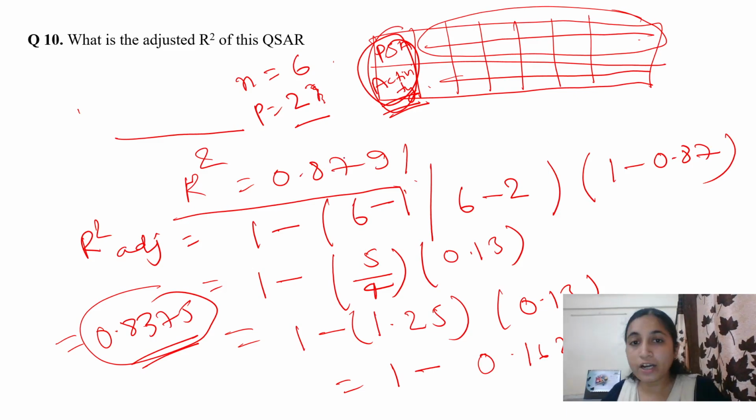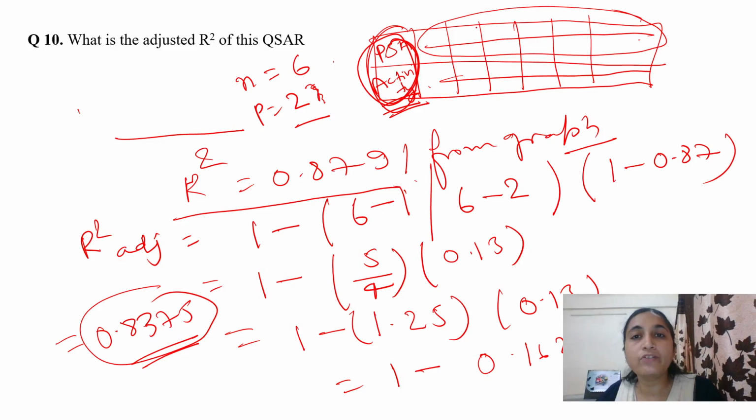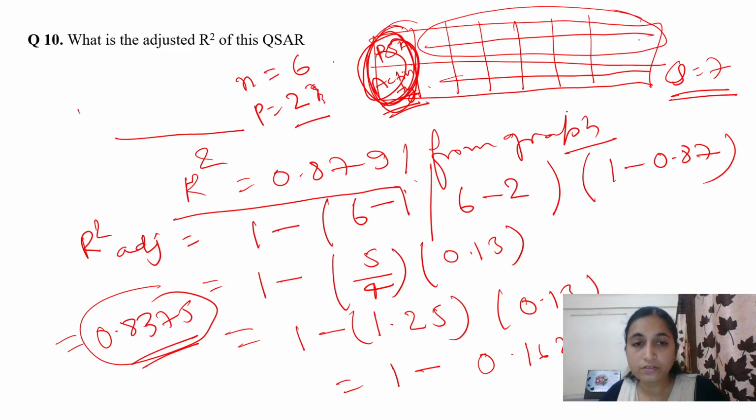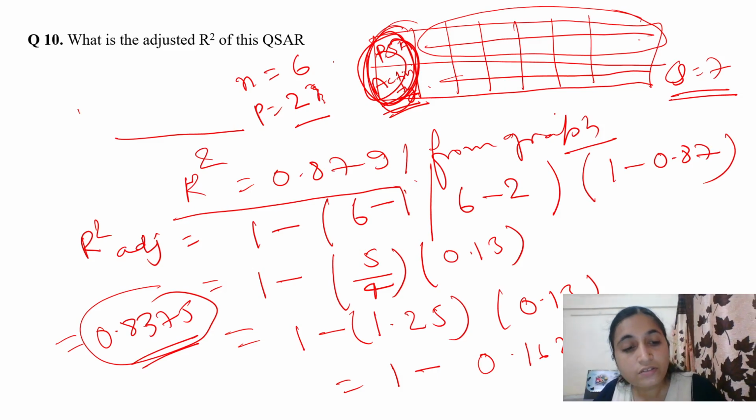So this value I have taken from the graph, and this P value and N value are as given in question 7, right?